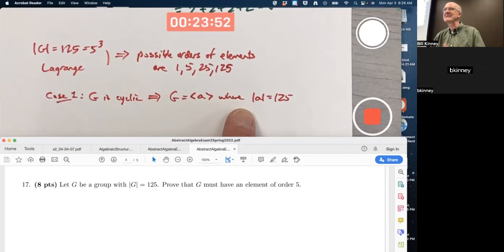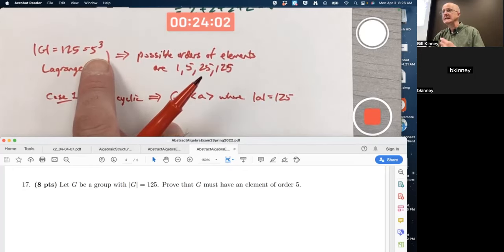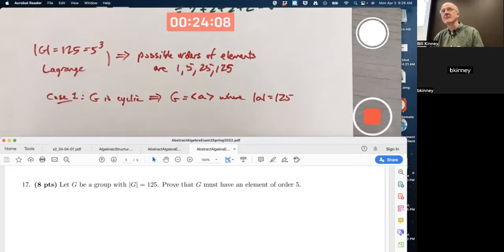The fundamental theorem of cyclic groups would basically mean we're done, because G being cyclic means the theorem says cyclic groups have unique subgroups of each order that divides the original group, including a subgroup of order 5. And any subgroup of order 5 has got to be cyclic. It's got to have a generator, an element of order 5.